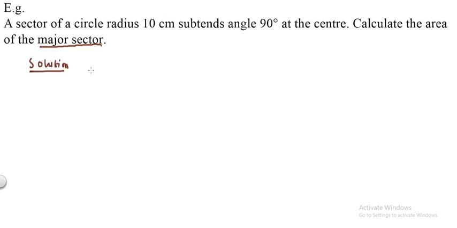To really be able to solve this question, you need to understand what the major sector is. So say we have a circle and you have a sector. Supposing the sector that we have is a 90-degree angle.